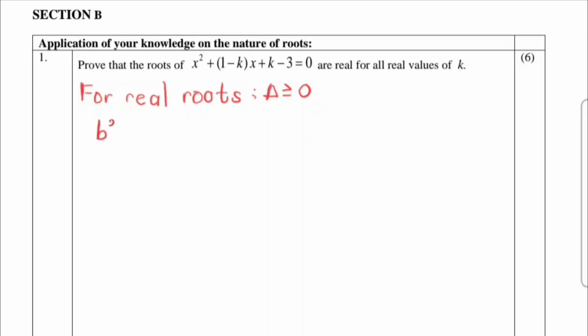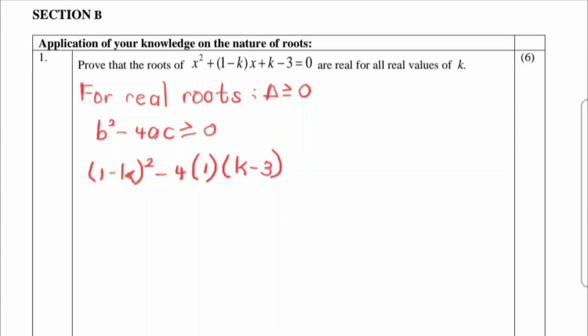Now, discriminant is b squared minus 4ac. Must be greater than or equal to 0. We're going to substitute in here. So we said that b is the coefficient of x, which is 1 minus k in this case. A is the coefficient of x squared, which is 1. C is the terms that don't have x in it, so it's k minus 3. That is greater than or equal to 0.